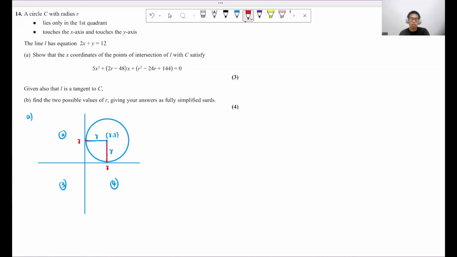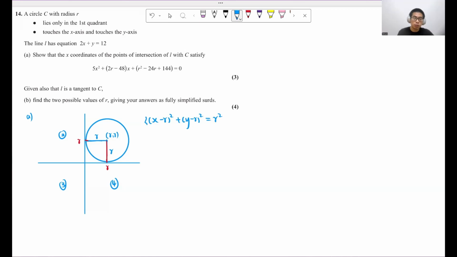So the center is (r, r), and the circle equation has to be (x minus r) squared plus (y minus r) squared equals r squared. That would be the equation of the circle.